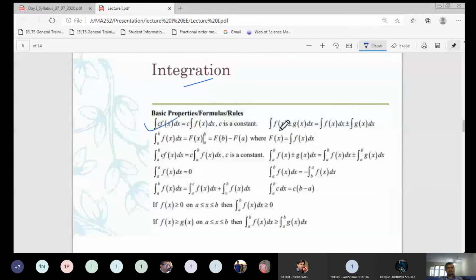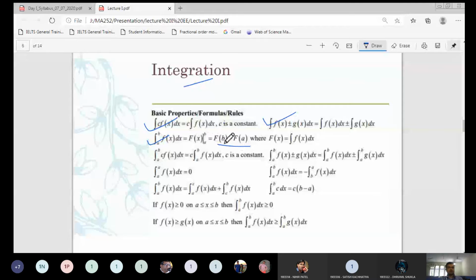The integration of f plus g is the same as the integration of f plus the integration of g. Integration from a to b of f of x dx is equal to what? The integration of f of x minus the integration of f of x.